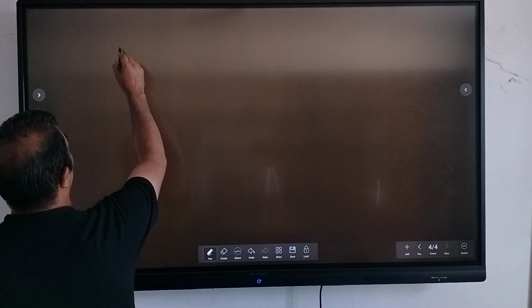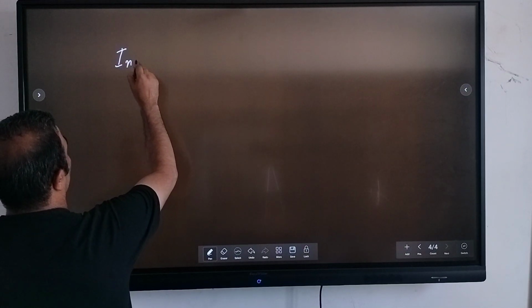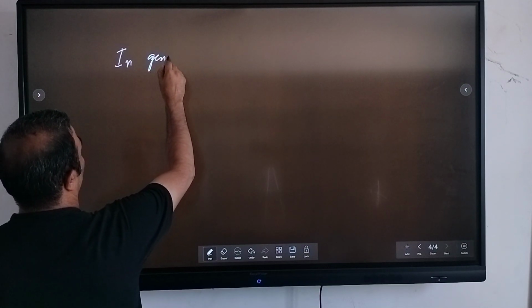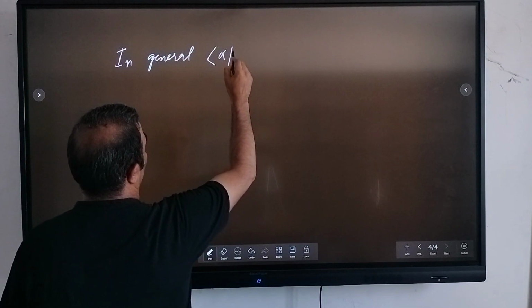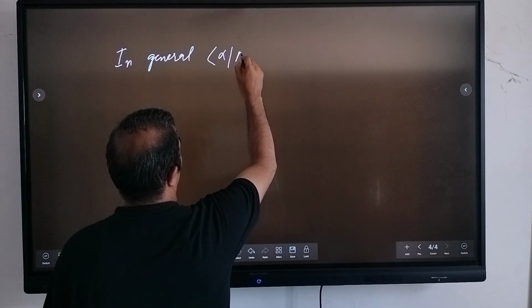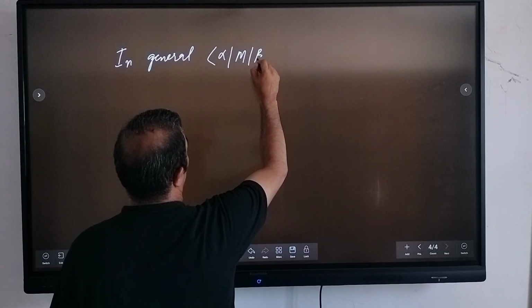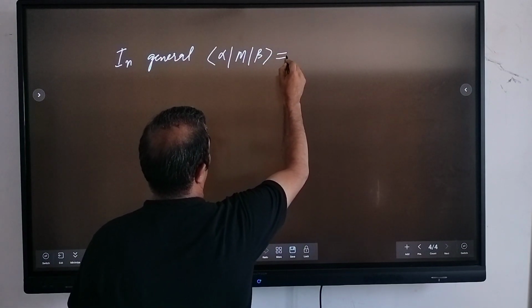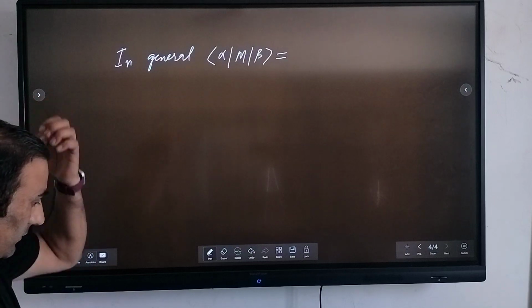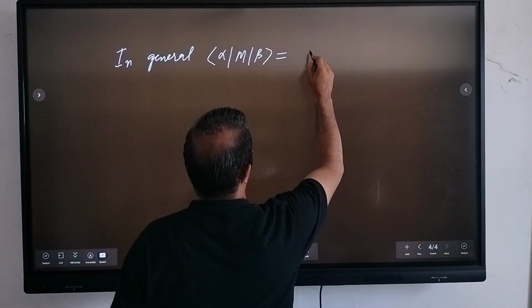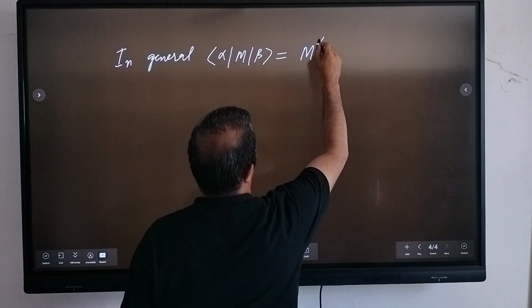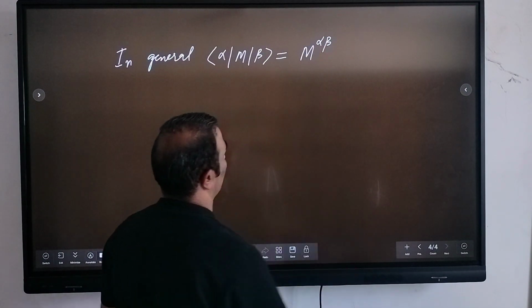So that means I can write in general, if I want to calculate alpha with beta, right? So that will be equal to, right?